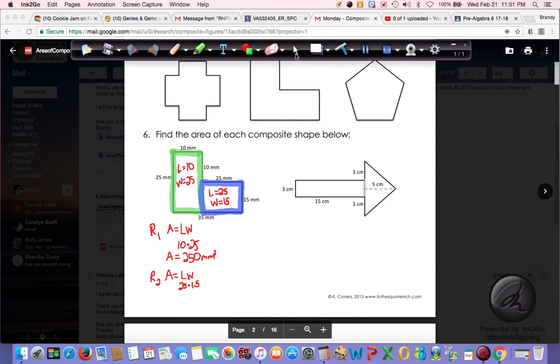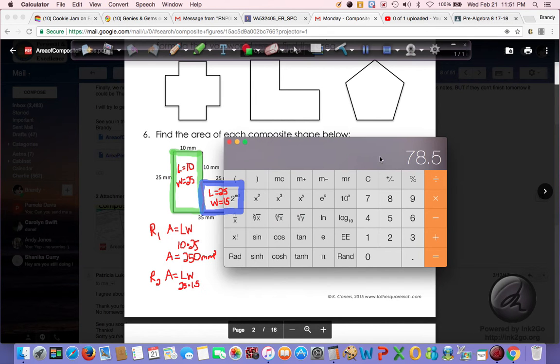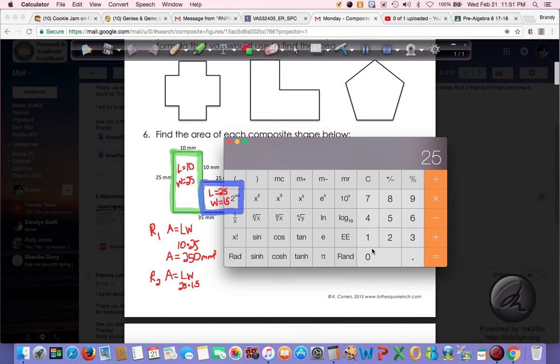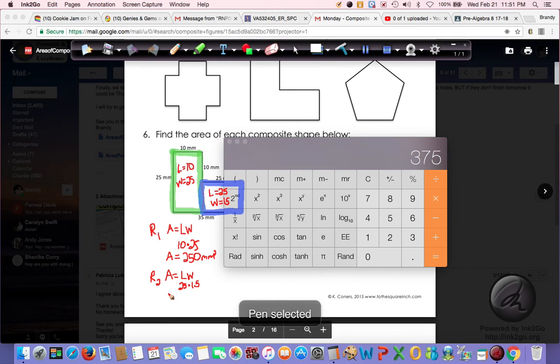Okay, and I'm going to grab my handy dandy calculator for this one. Clear this out. My length and width from down here, 25 times 15, and I get 375. So come down here. The area of my second rectangle is 375. And again, it's millimeters squared.